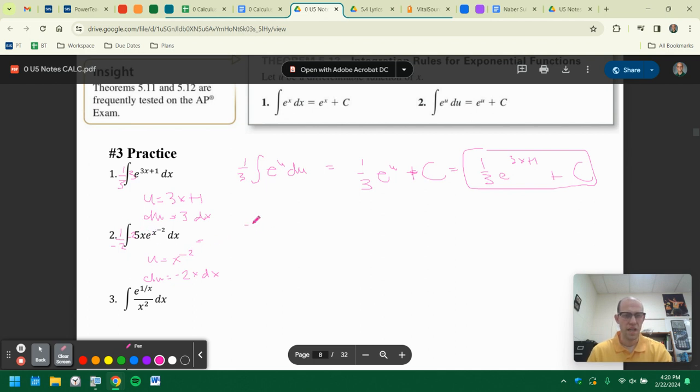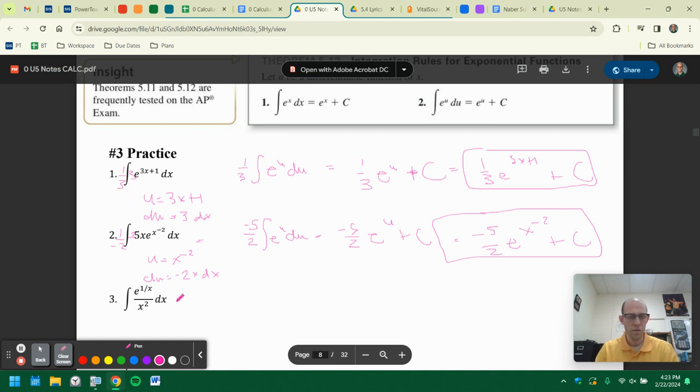So this is going to be the negative 5 halves integral of e to the u du. So that is negative 5 over 2. And don't forget, after you have your function with your plus c, don't forget to put in what u was.